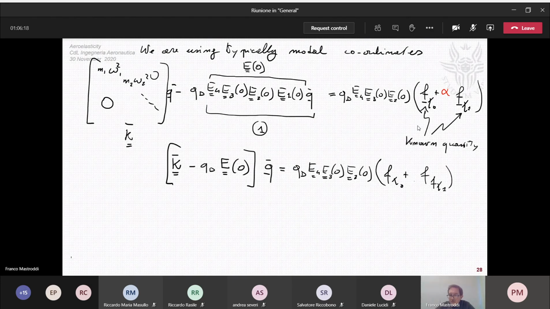And here we have the following. We have k1 multiplied by alpha. So we have a known right hand side.